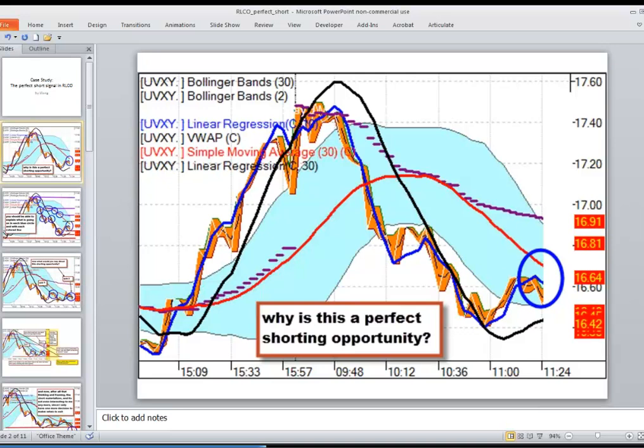And the question I posed in the chat room was, why is this a perfect shorting opportunity here in the blue circle? Let me introduce the chart notation here, because there's a new kind of version or a new indicator on there.